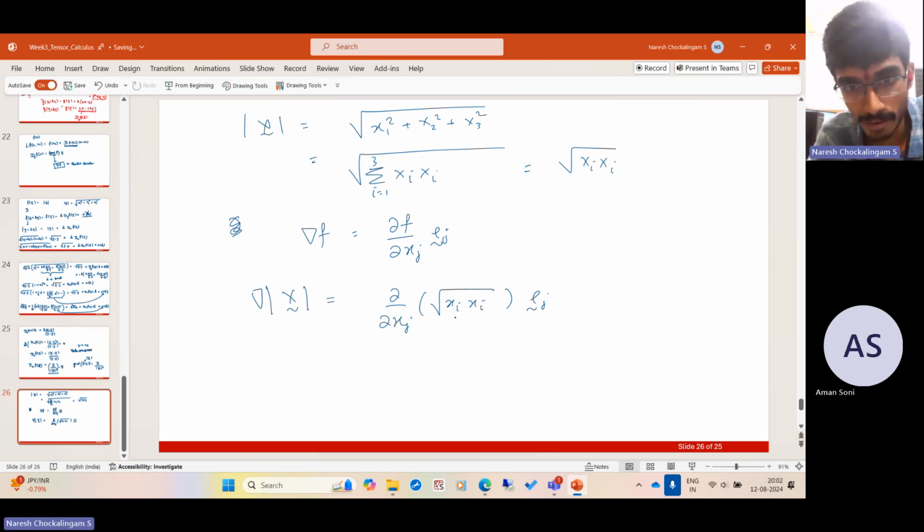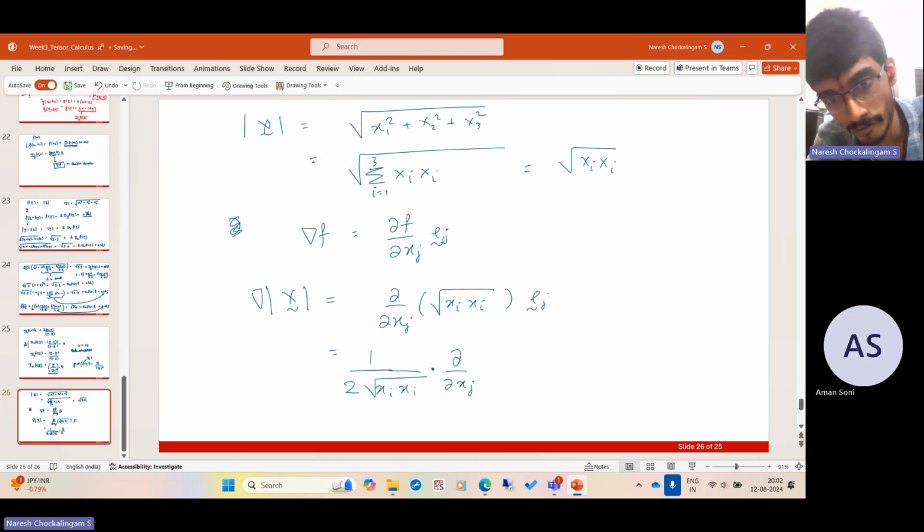Now you can use the chain rule. This is all scalars; when you deal with indicial notation, everything is scalars. So this acts on this. We get 1 by 2 square root of xi xi, since you have differentiated the square root. Now by chain rule, multiply it with whatever is inside: dou by dou xj of xi xi, ej. Now I apply the product rule.